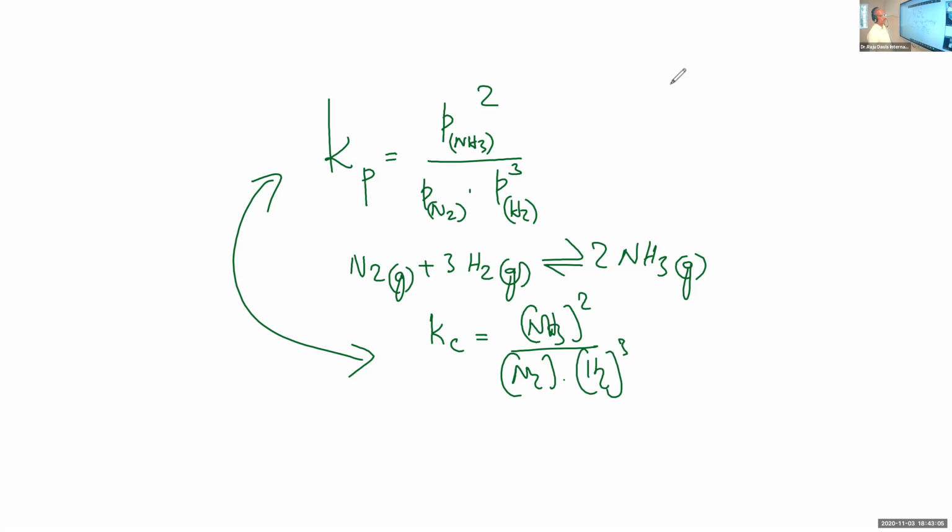We are using partial pressures of the respective species. Now there is a relation between Kp and Kc. Let us see that relation. The relation is this. Kp is equal to Kc into (RT) raised to delta N.